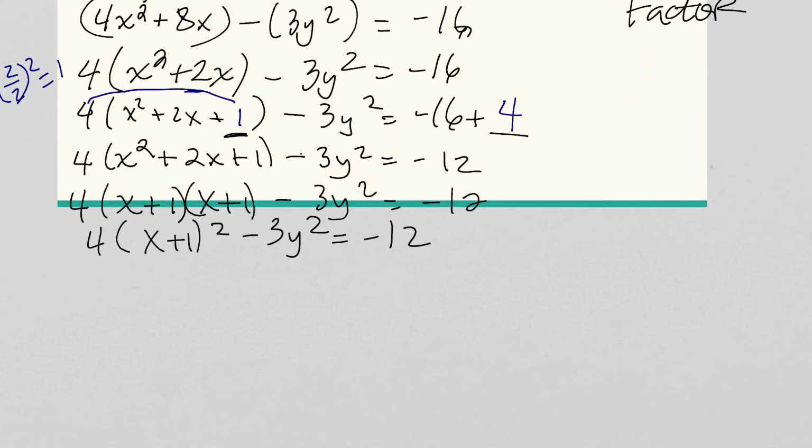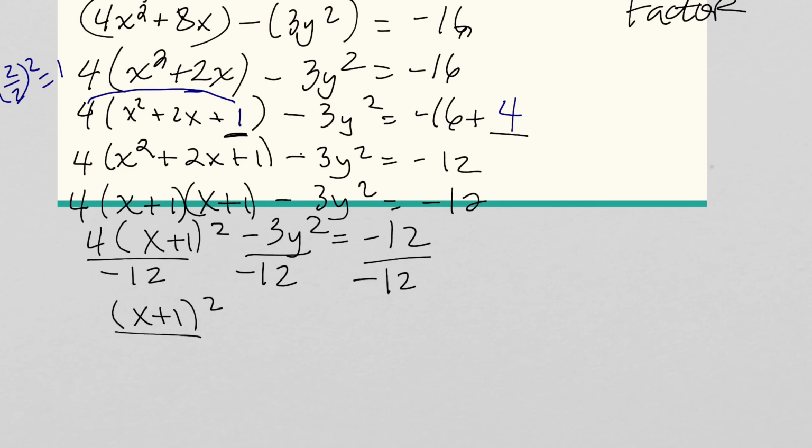So we're almost done here. We got our x squared and y squared on the left. We need to make this equal to 1. So let's divide by negative 12, negative 12, negative 12. All right, here's a little tricky part here. So 4 into negative 12 becomes negative 3. And then negative 3 into negative 12 becomes positive 4 on the bottom for the y squared, to equal 1.